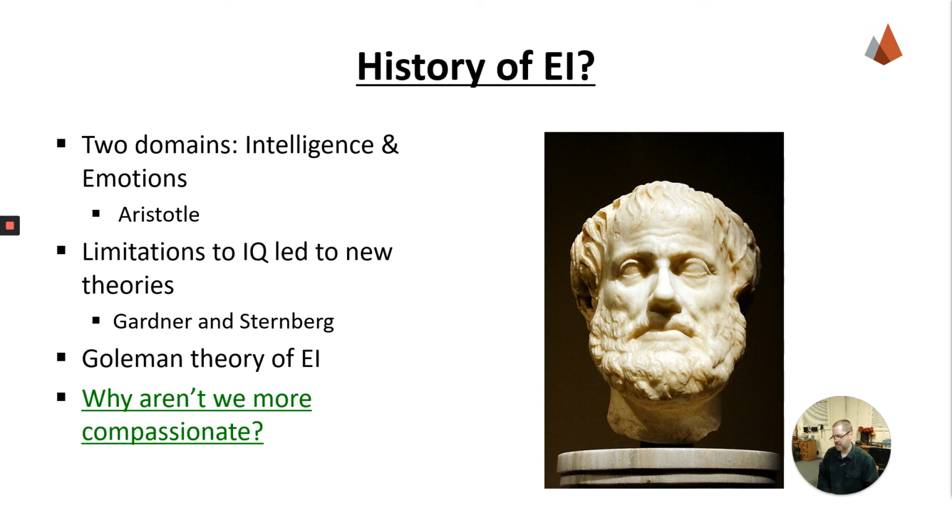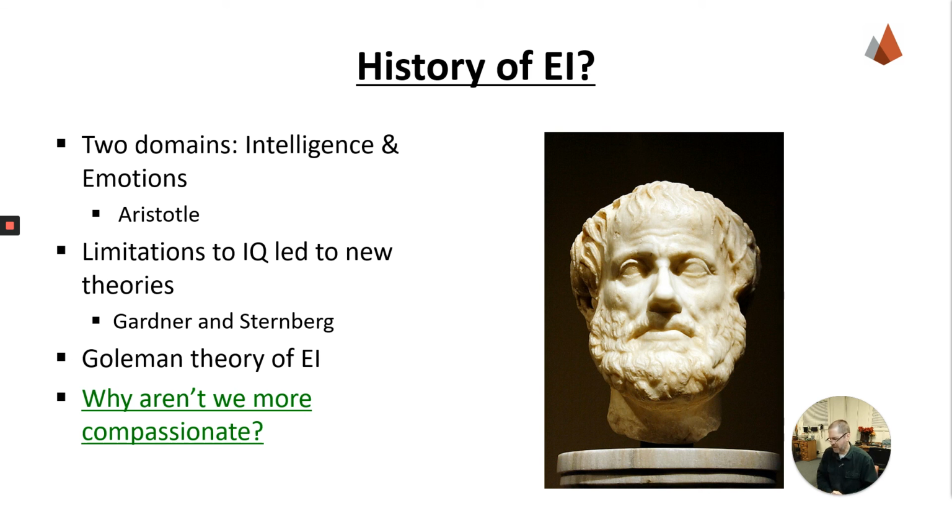Goleman is going to blend emotion-related skills, cognitive intelligence, and personality. He's going to bring these all together to understand IQ, or intelligence, in a broader sense than a mere academic quotient, something like that.